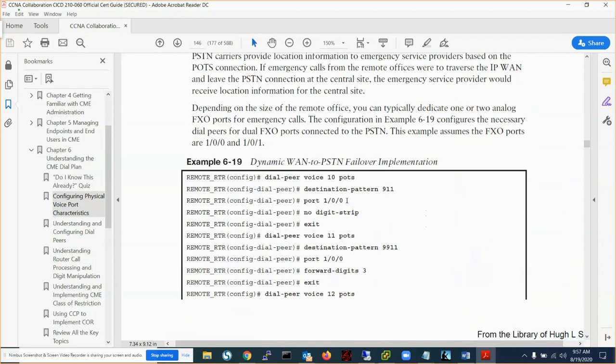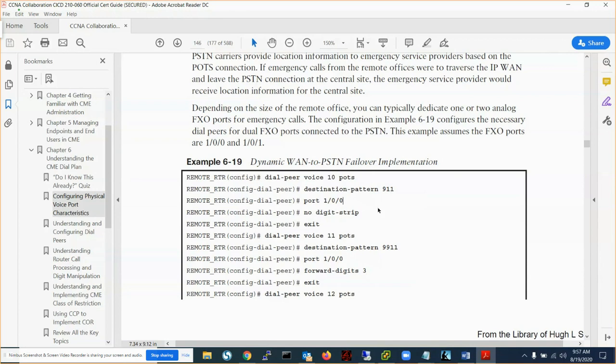But in this case, the router at the remote site may have a few FXO ports so that the people there can call emergency numbers. So like port 1/0/0, if you call 911, it will go through this port.